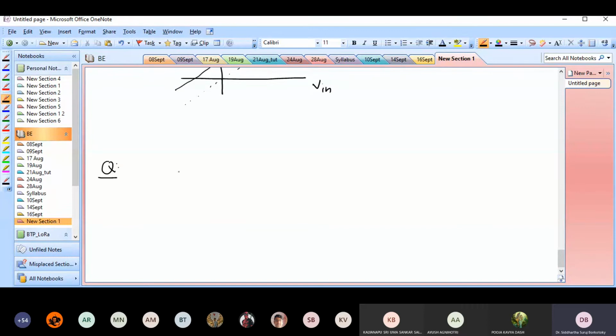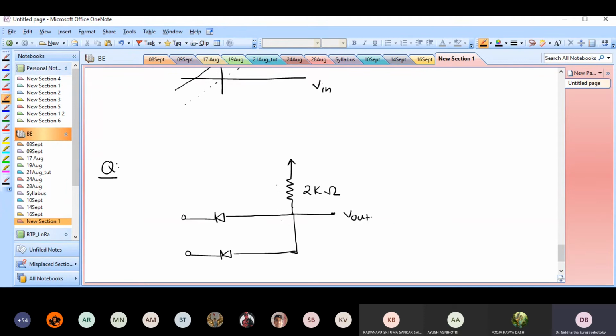So here we are given a circuit that looks like this. You have a 2 kilo ohm resistor, V out, and there's a current I flowing.